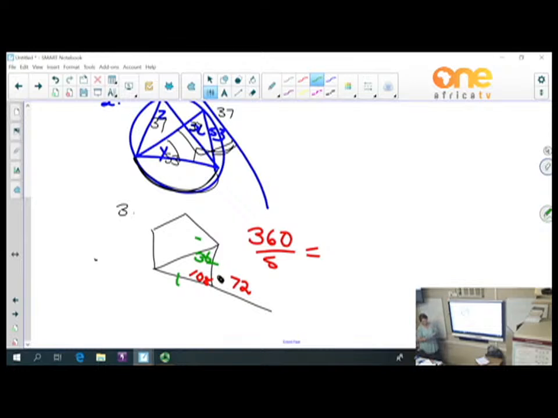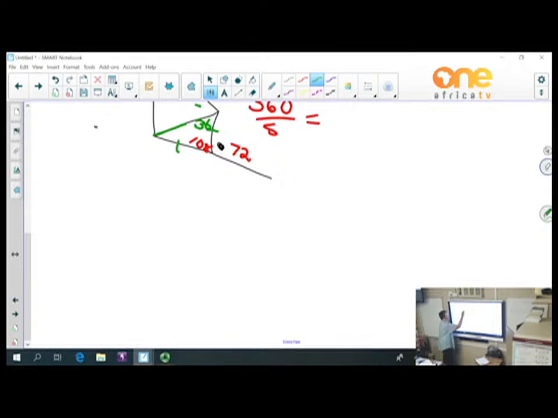So it's not 90 degrees there. It will be 108 minus 36, which is also 72. We said this is an isosceles triangle because it's a regular pentagon. So 180 minus 108 divided by 2. That's how you get that one.